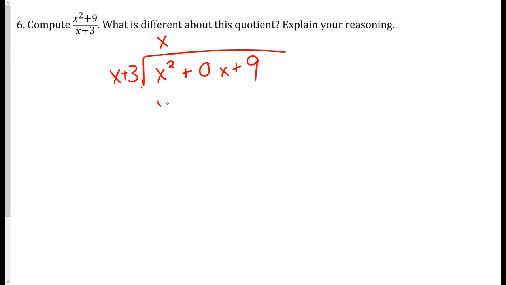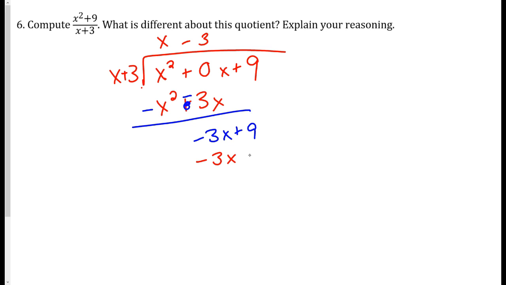X. I get x squared plus 3x. I'm going to subtract, negative 3x plus 9. What times x gives me negative 3x? Negative 3. Get negative 3x minus 9. But I need to change the signs to subtract, and I get 18.